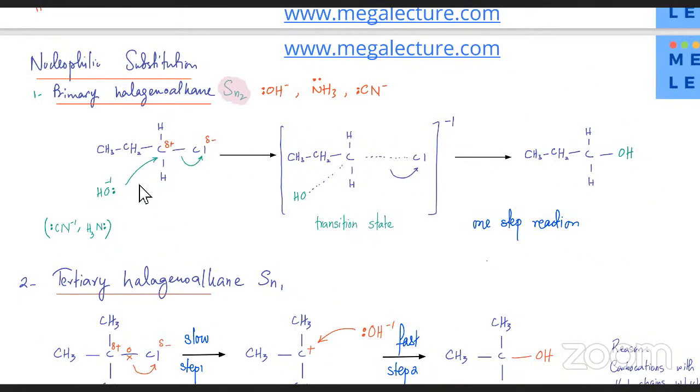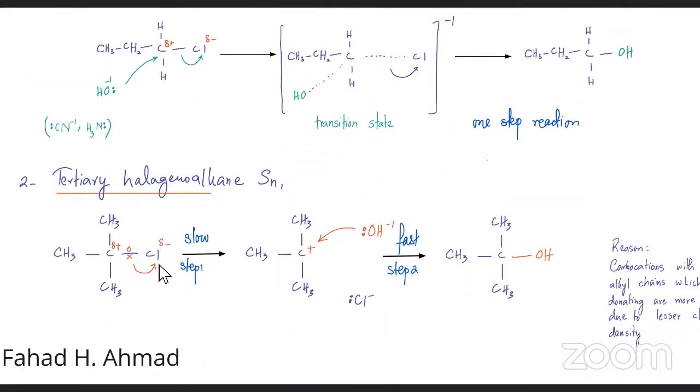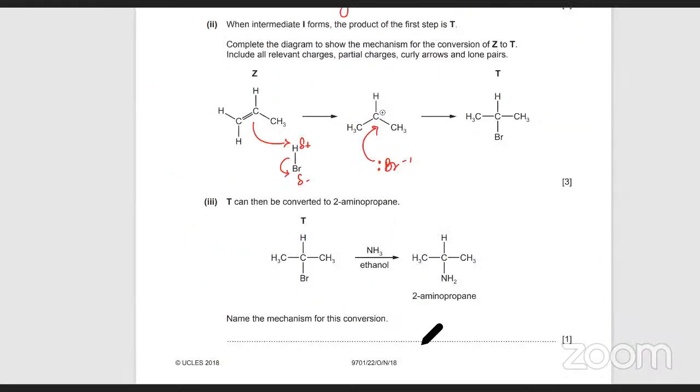For a primary halogenoalkane, you've got an SN2 mechanism, where the OH minus attacks the carbon and the Cl gets knocked out from the other side. Or for a tertiary halogenoalkane, the Cl gets knocked out first, and the carbocation then waits for the nucleophile to come in and join with it. So here is a part that's nucleophilic substitution. That's an SN reaction.